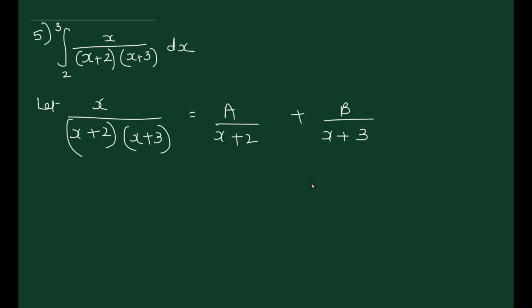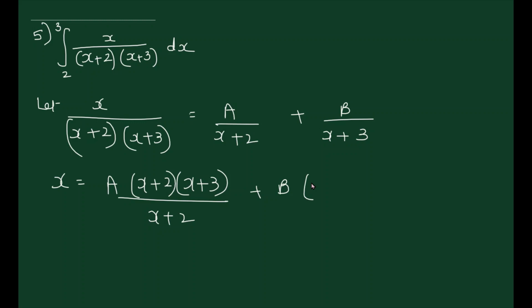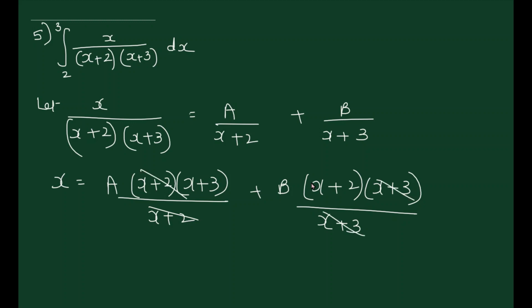Upon taking the denominator from the LHS and taking it to the RHS, we get x is equal to a into (x plus 2)(x plus 3) upon (x plus 2) plus b into (x plus 2)(x plus 3) upon (x plus 3). Then whatever common terms are there, we cancel out, and thus we get this.